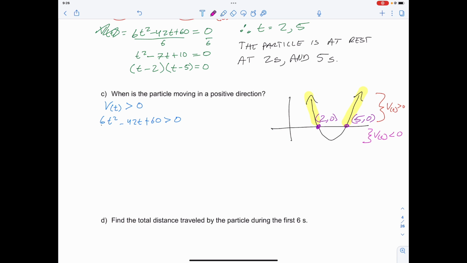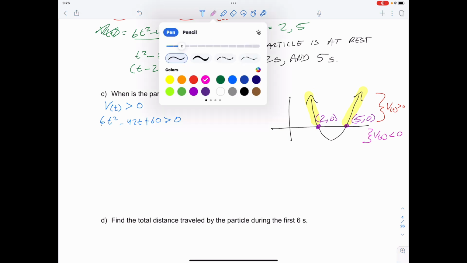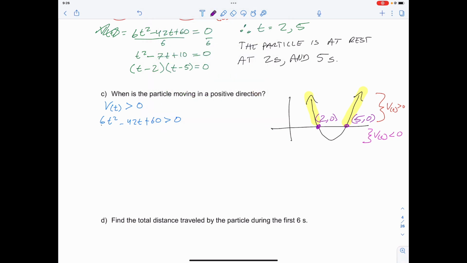So on the right-hand side, the velocity is going to be greater than 0 when t is greater than 5. Anytime that t is greater than 5, the velocity is greater than 0. For this section here, I can see that the velocity is greater than 0 when t is less than 2.